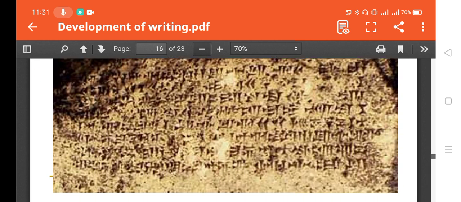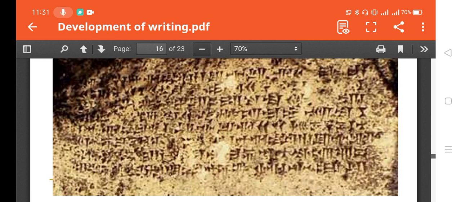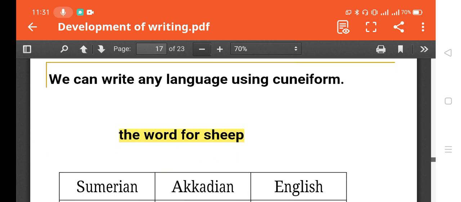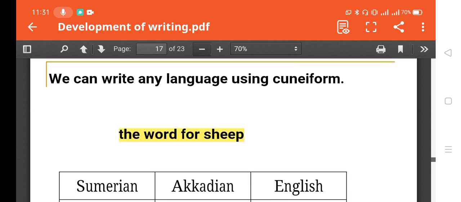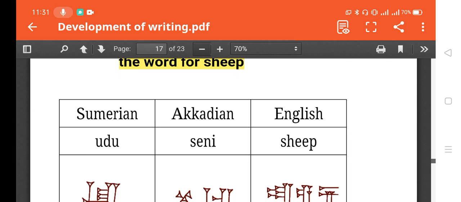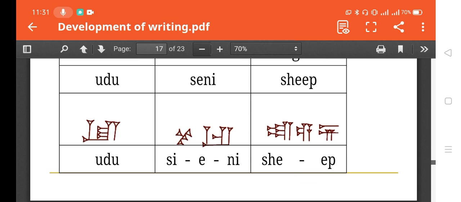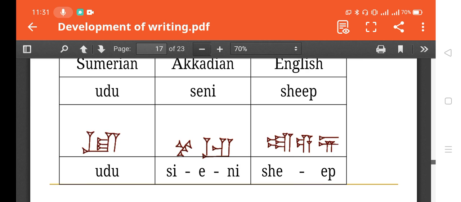This is a sample of their writing using cuneiform. Now we'll see an example. The word for sheep in Sumerian is Udu, in Akkadian it's Seni, in English it's sheep. Look at the different signs, how the signs vary from language to language for the same object.